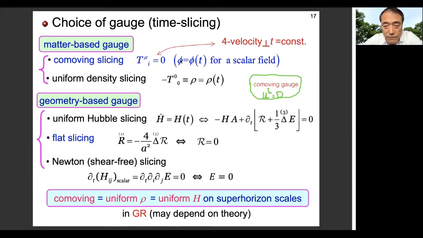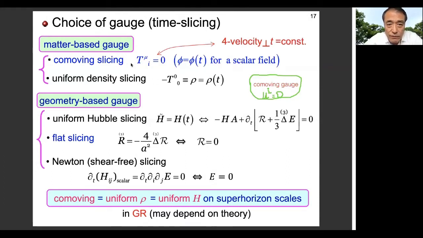So in some sense, the scalar field plays the role of time. When you have a monotonic evolution of the scalar field, then the scalar field can be used as time, and that's the co-moving slicing.